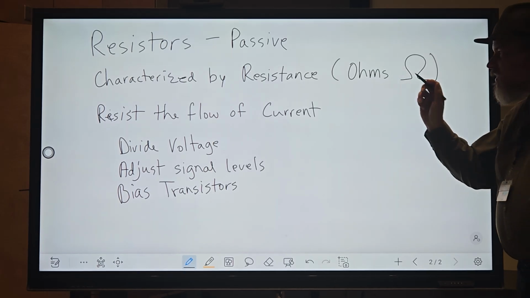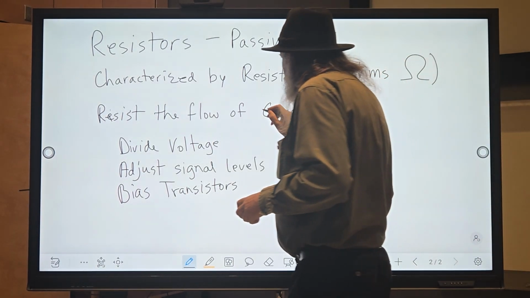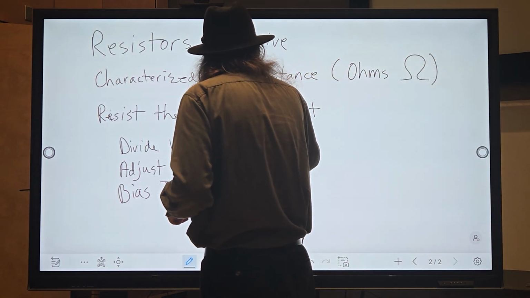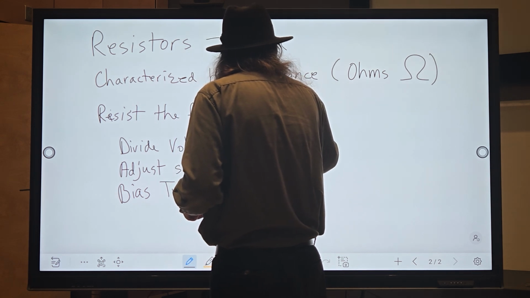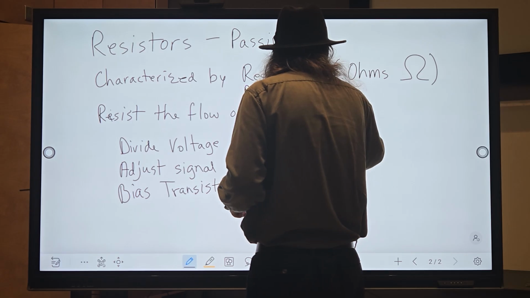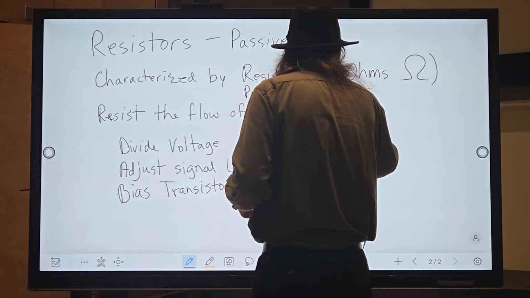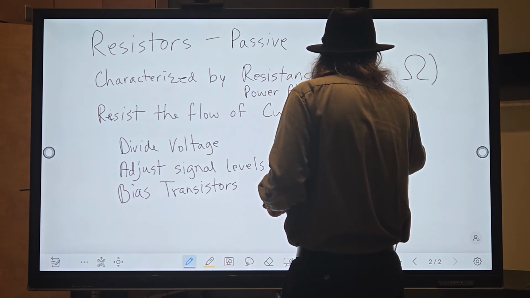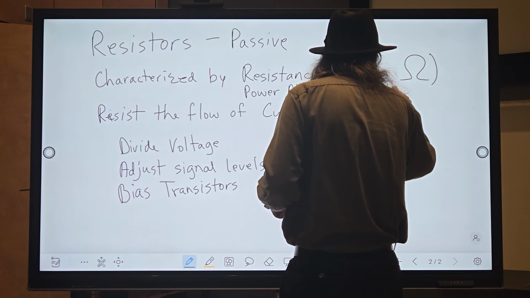Oh, I forgot one thing they're also characterized by: power absorbed, which is measured in watts.